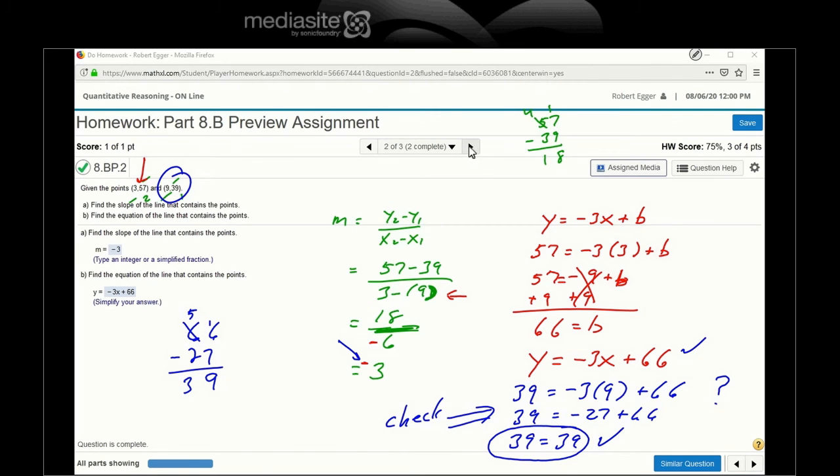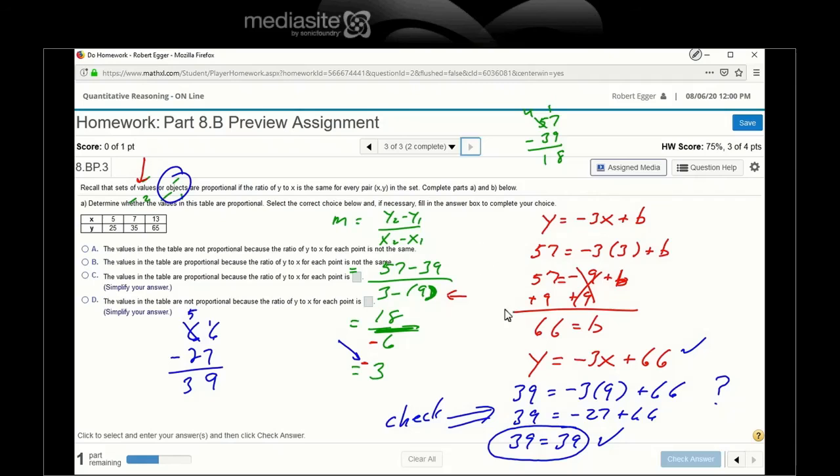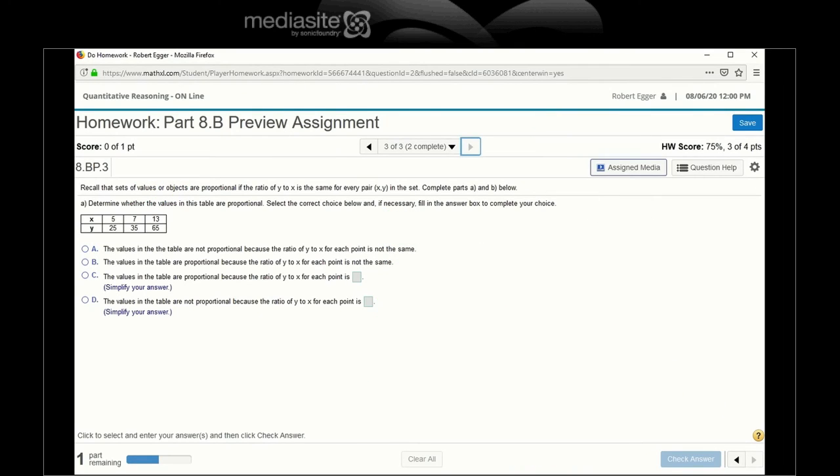Okay, next question. Recall proportional: we're just trying to see whether y over x equals a constant. So let's see.